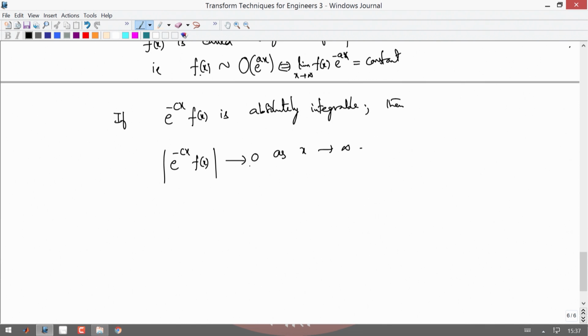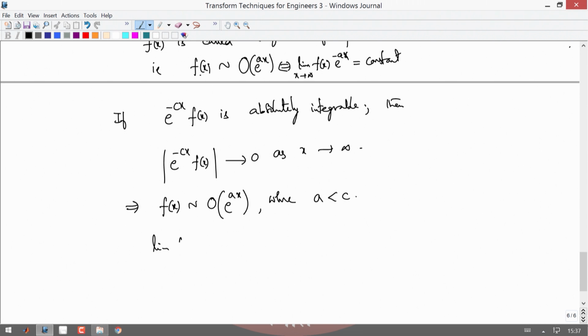Okay. It is not a constant, it is 0. So, that means f of x behaves like order of e power ax, where a is less than c, right. That is the meaning.